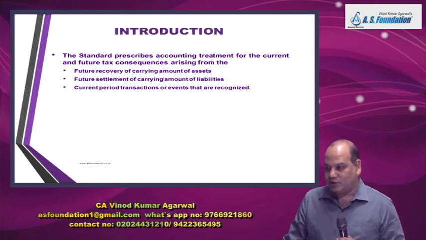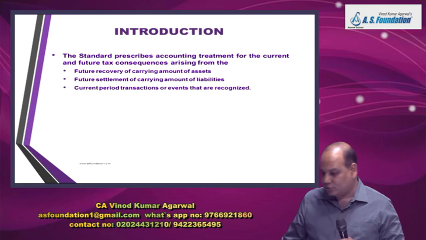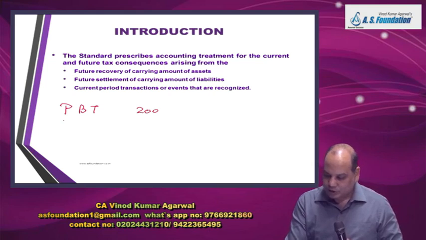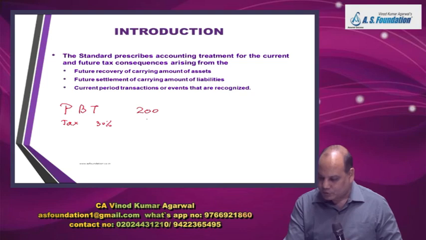So that brings matching. Okay, it means what I said, that if you are showing PBT of 200 rupees and if your tax rate is 30%, so approximately you will provide 60 total tax expense.